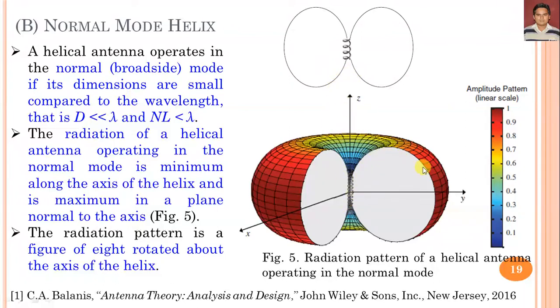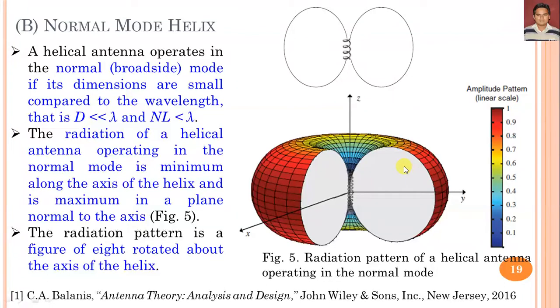As you can see, this is the three-dimensional radiation pattern, and this is the amplitude pattern scaling from 0 to 1, and this is a normalized pattern. We can say the pattern of this helix antenna looks like a figure 8 shape in one plane, and in the other plane it looks like an omnidirectional pattern.